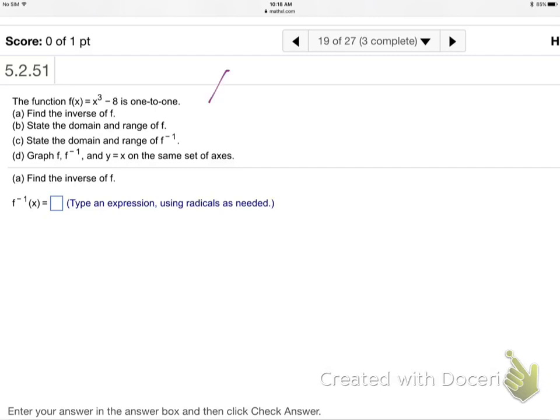All right, so y equals x cubed minus 8. Find the inverse function. Can you do that first off? So do those two steps. Switch x and y, solve for y.